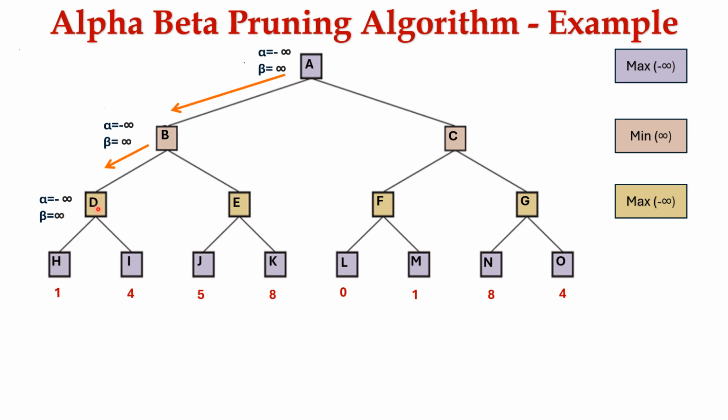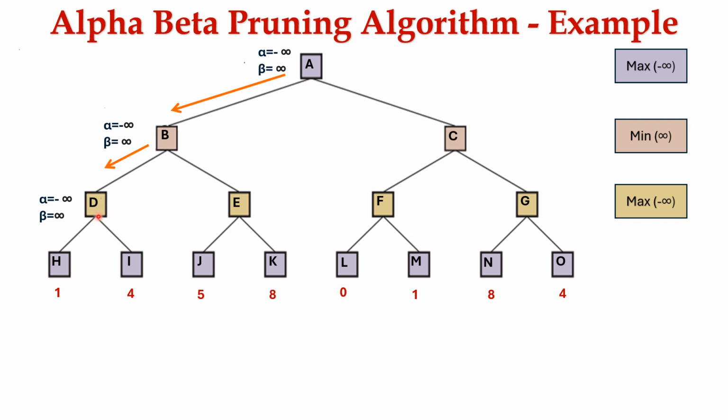Node D has two children, namely node H with value 1 and node I with value 4. Now we need to find the value of D. It is a maximizing node, so we need to apply the max function. The evaluation begins here.